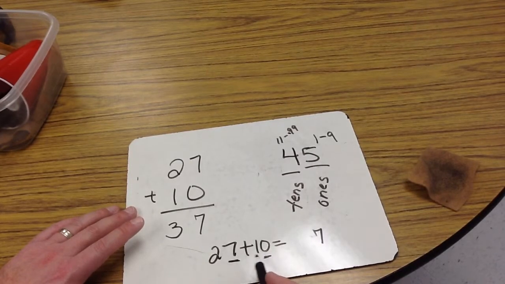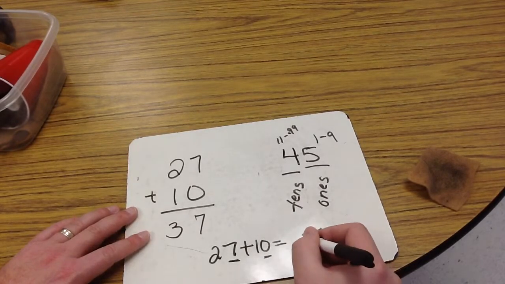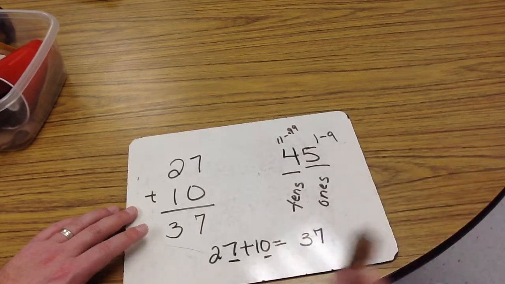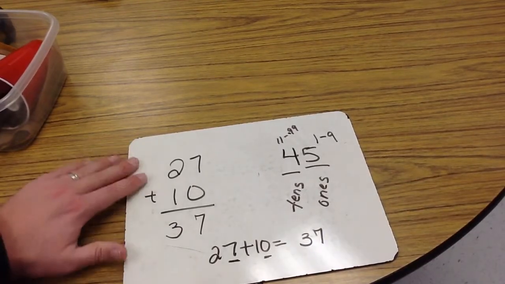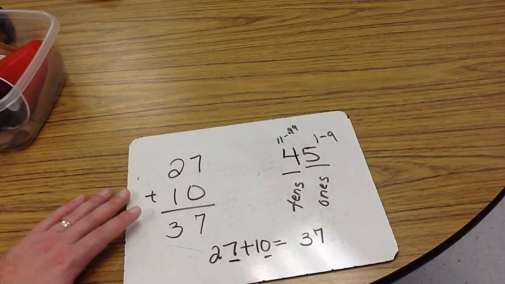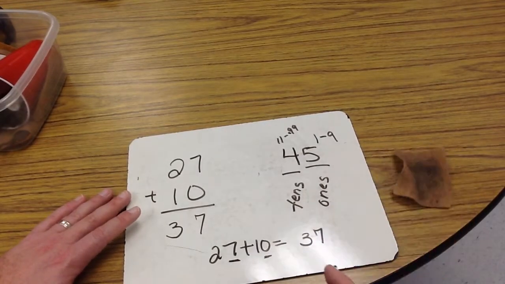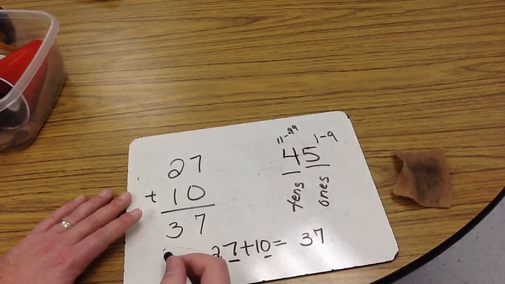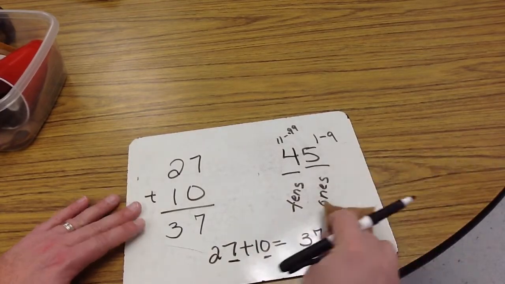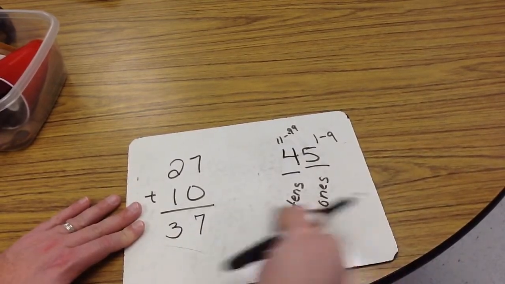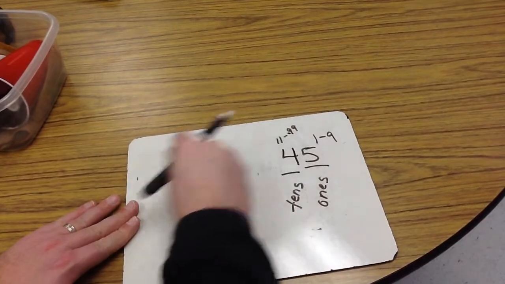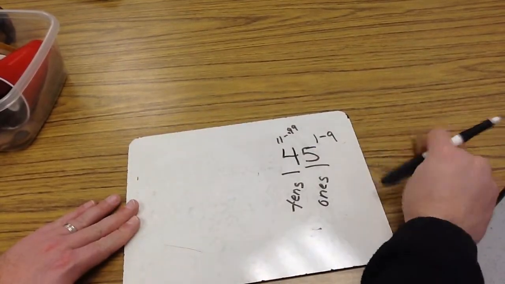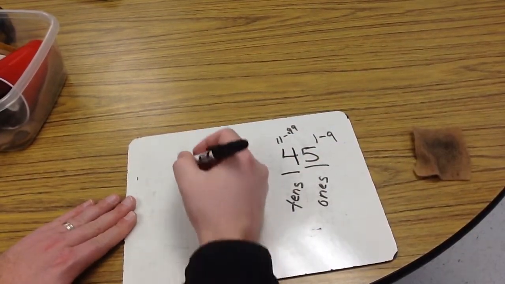So I'm really adding 10 plus 20, but I'm just using the two numbers in the digits place, 1 plus 2, which equals 37. Either way, if I write it this way or this way, I still get 37 because I'm not changing anything, I'm just looking at the digits place. It works for all numbers, even if I got larger numbers. But let's do another tens digit one just to be safe.